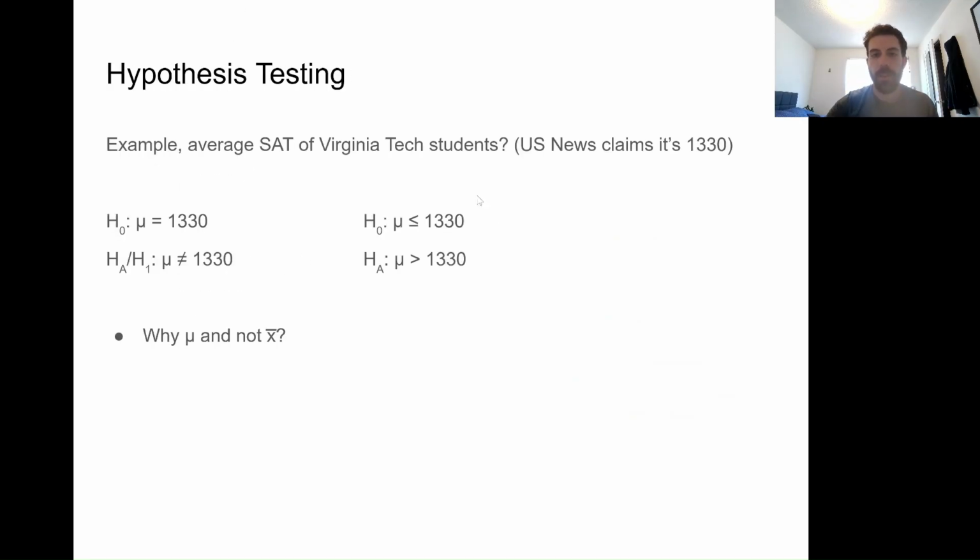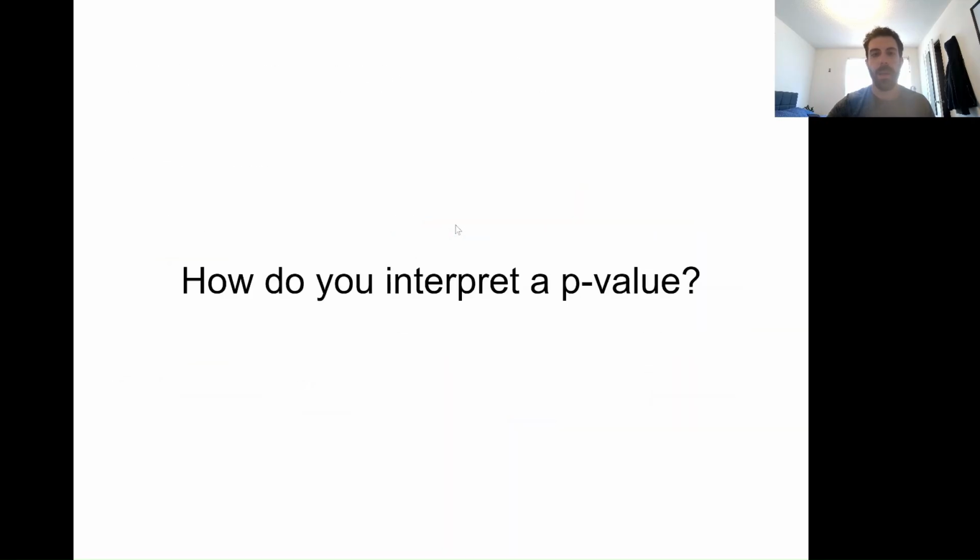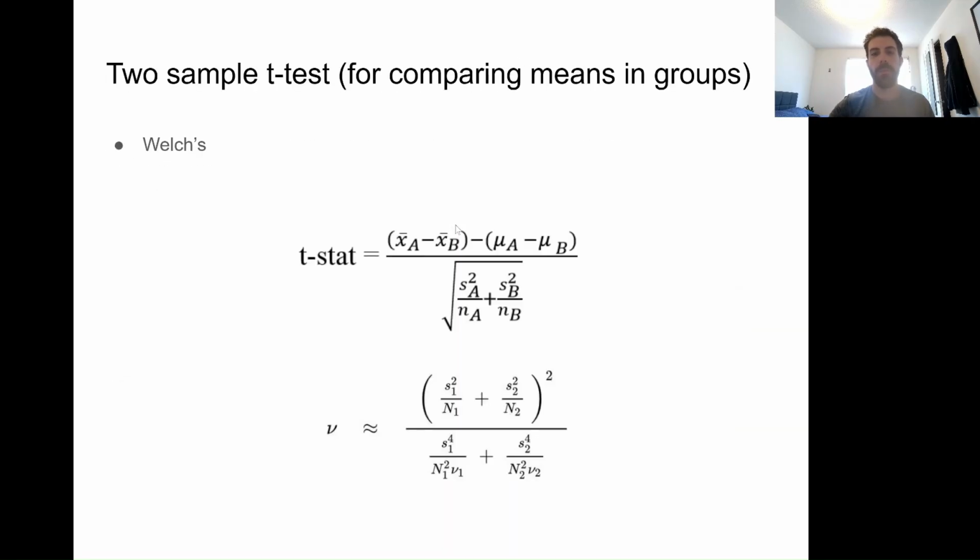But here, there's just a constant because I'm not comparing two groups. I'm just looking at one group, right? And is that one group different or not? Here, when I'm looking at two groups, I have two sets of means, and I want to know if those means are different. So the null hypothesis, take a minute, tell me what you think the null hypothesis would be.